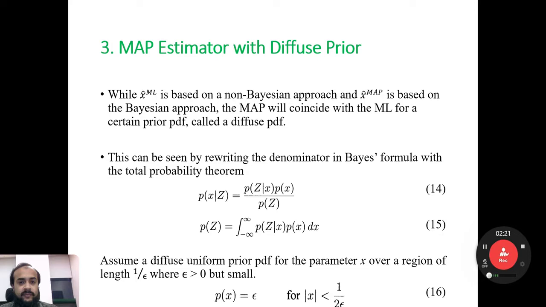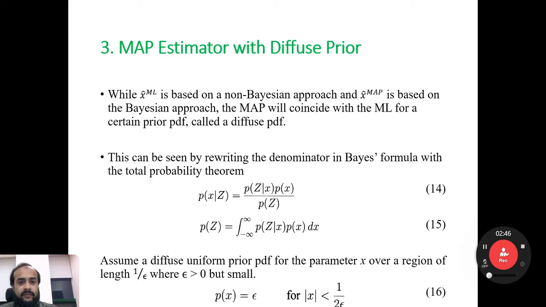So when will MAP coincide with ML? For a certain prior PDF called the diffuse prior PDF.